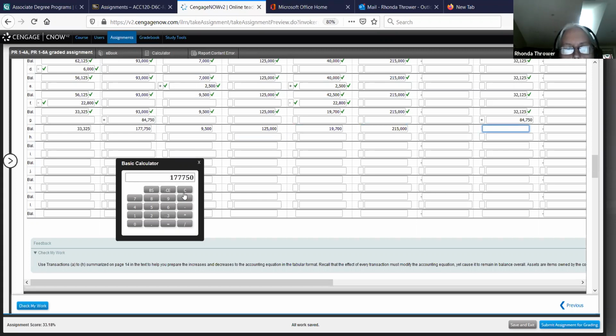And then I'm going to have to combine my revenue account balance before was $32,125. And then I'm going to add to that $84,750. So my new revenue balance is $116,875.